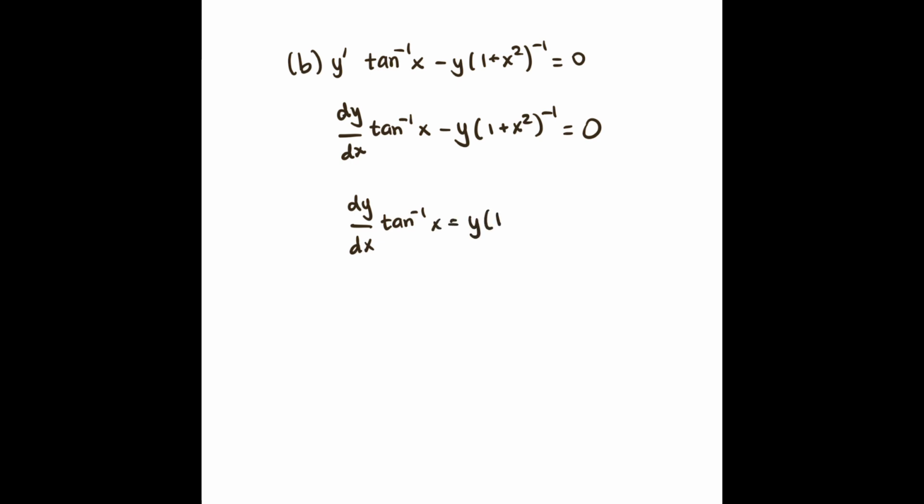So we have y times 1 plus x squared to the minus 1. Now we want to separate the variables.